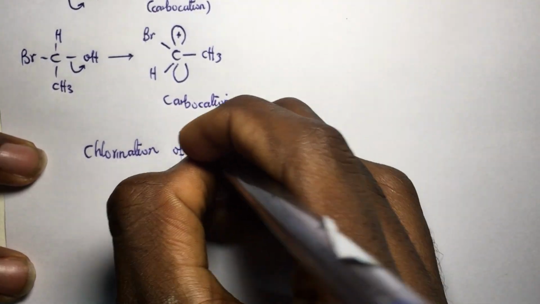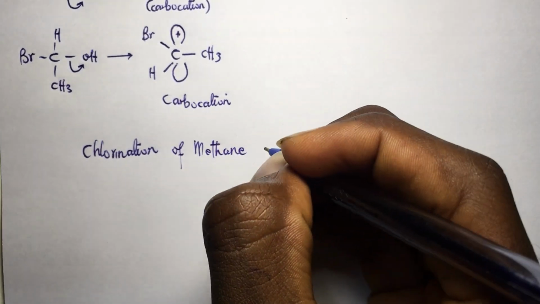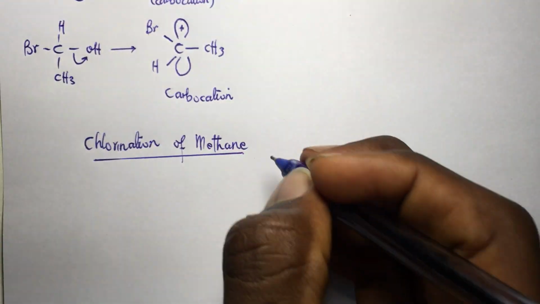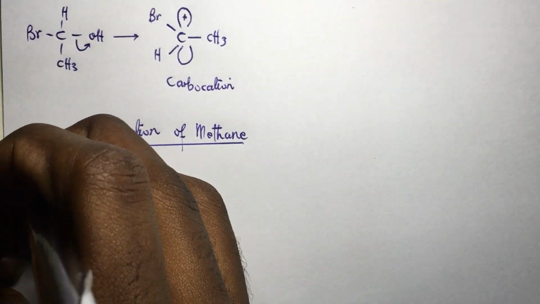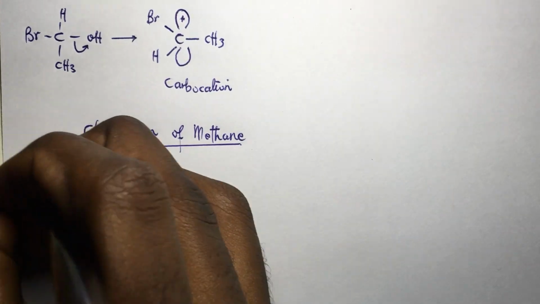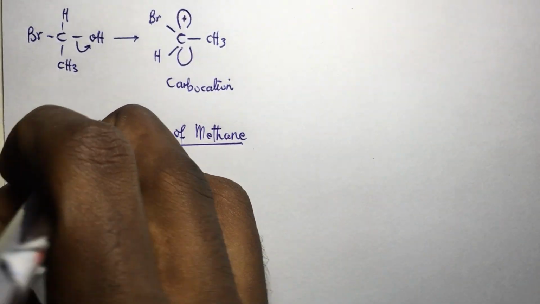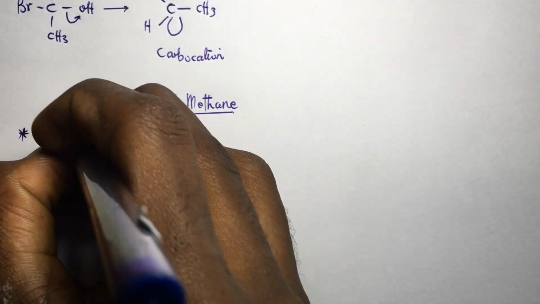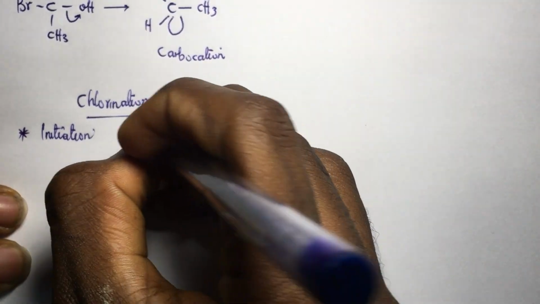Radical reactions are divided into three main steps. The first one is initiation. It is in this step that you are going to generate your radicals, so don't forget, followed by propagation.